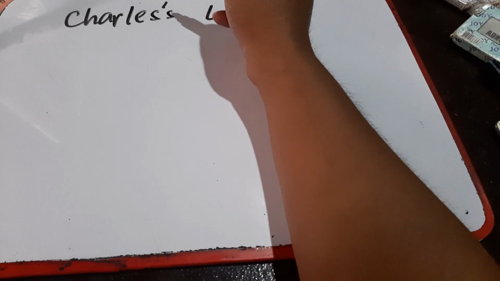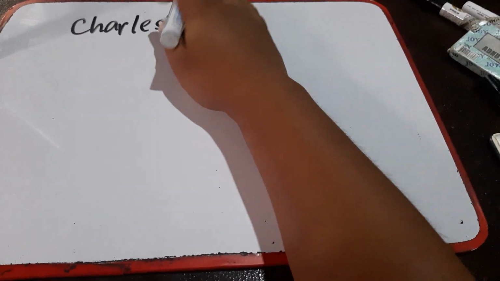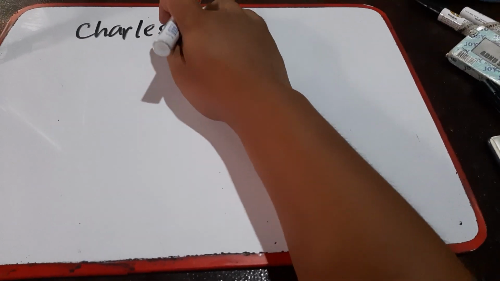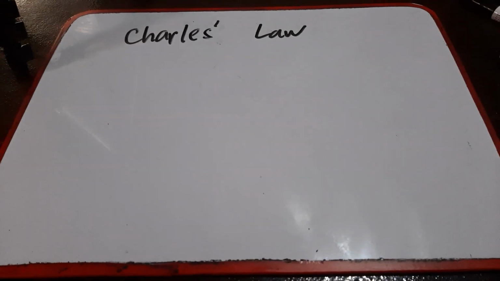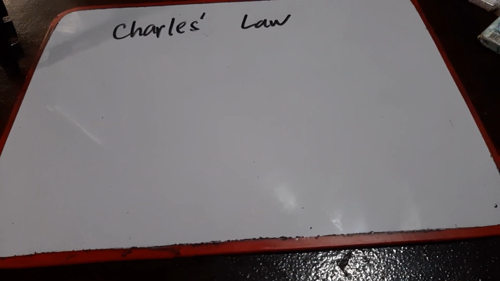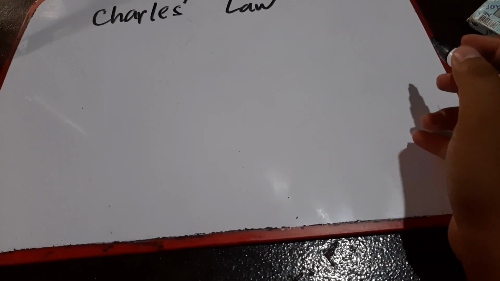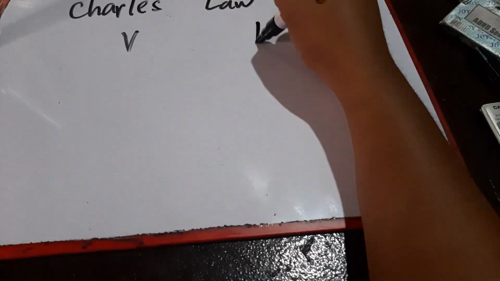Some books write it one way, some books add an S, and some pronounce it as Charles law. Different school, different pronouncement, right? Anyways, Charles law talks about the relationship between volume and temperature.